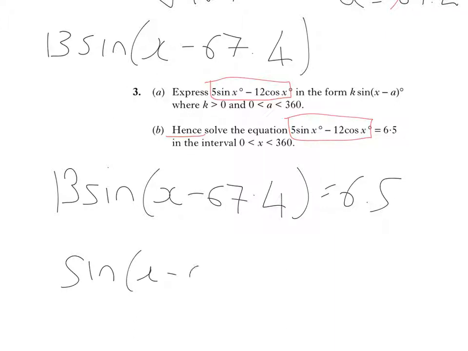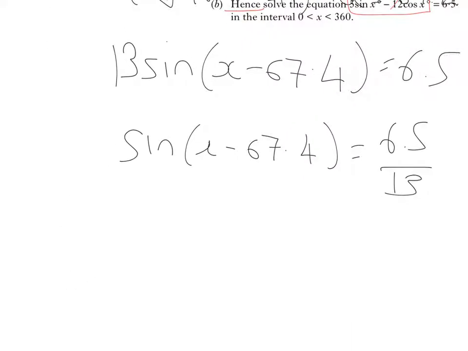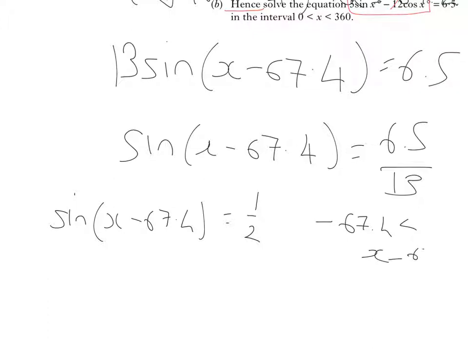I'm going to then bring the 13 down, divide, and that will give me sin x minus 67.4 is equal to 1/2. I'm going to also adjust the limits, so the lower limit now becomes minus 67.4, and the upper limit will now be 360 minus 67.4, and that's 292.6.